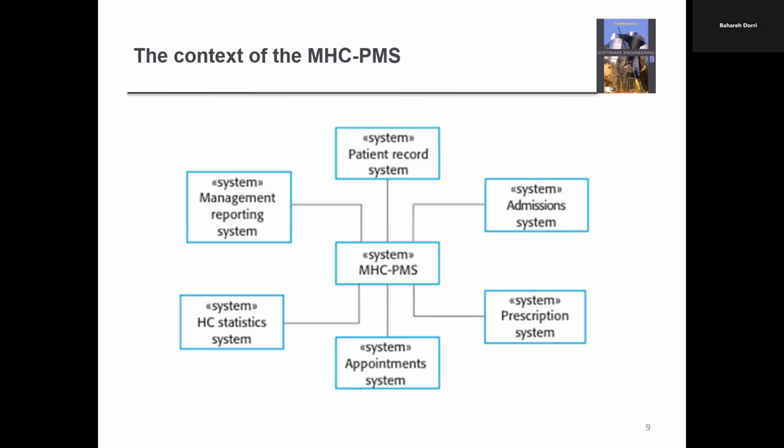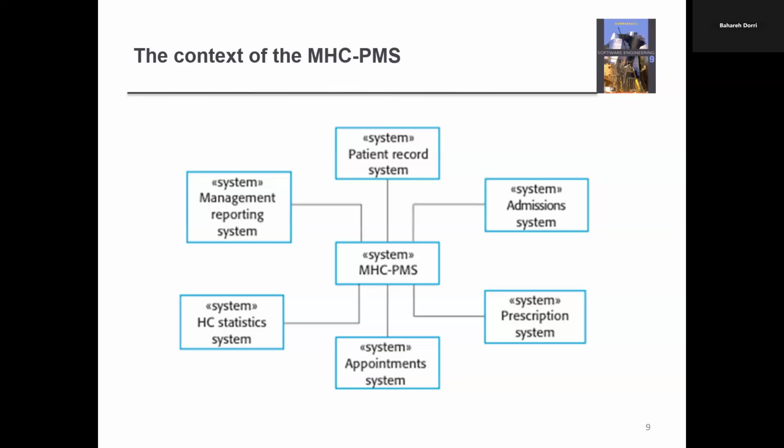Then on the left side, we see the management reporting system, which could be used by administrators or department heads to track performance, budgets, or resource usage. This kind of diagram is really useful because it shows us what lies outside the boundaries of our system, but still needs to be considered during development.